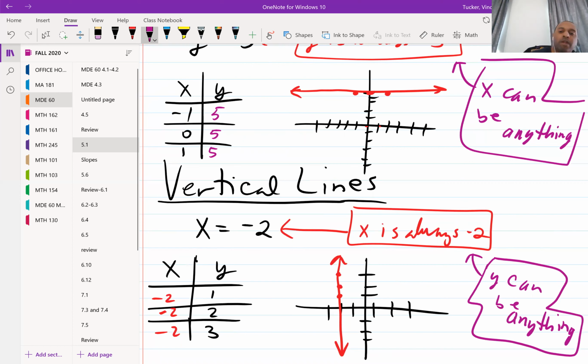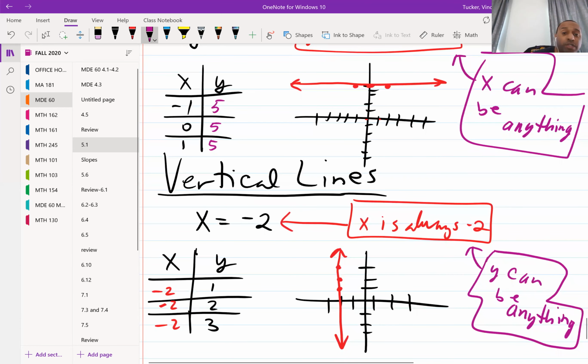So x is always negative 2, and y can be anything, and that will give you a vertical line. Whenever you have y equal to a number, that's a horizontal line. x being equal to a number will be a vertical line, at whatever number they give you.